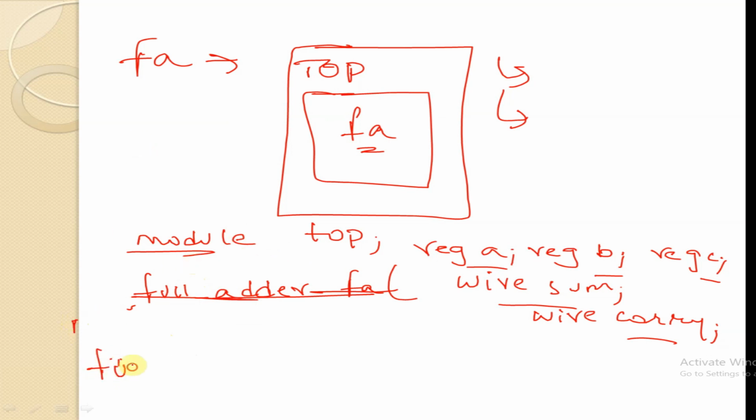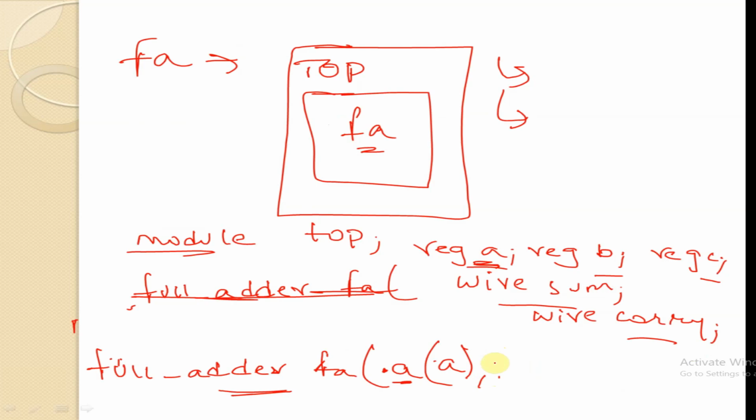So I will write full underscore adder, followed by the name of the instance, followed by, in this full adder I have input ports A, B, C. So I have to write dot followed by the port name A, and I have to connect it with my module signals, that is A. Next comma dot B, so B of B, and next C followed by C, comma, and followed by dot sum of sum and comma dot carry of carry, and ending this.